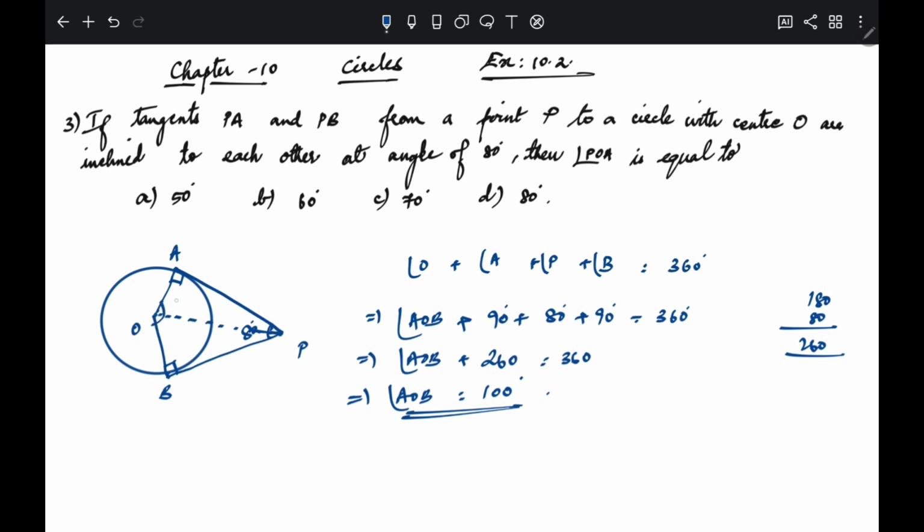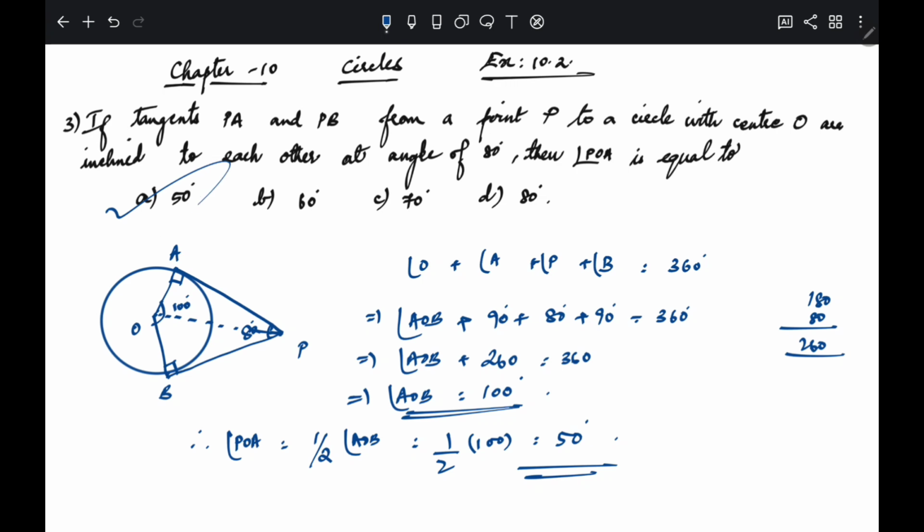We have got the total as 100 degrees. To make them equal, we have to divide by 2. Therefore, angle POA is equal to half of angle AOB. That is 1 by 2 of 100, which gives us 50 degrees. Therefore, angle POA is 50 degrees.